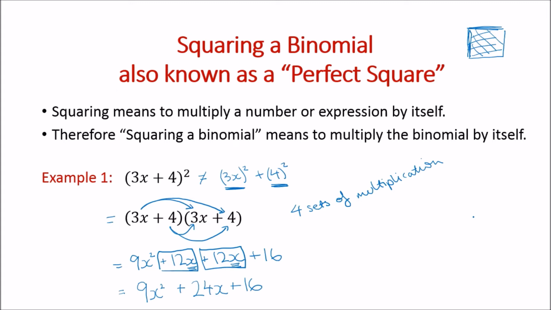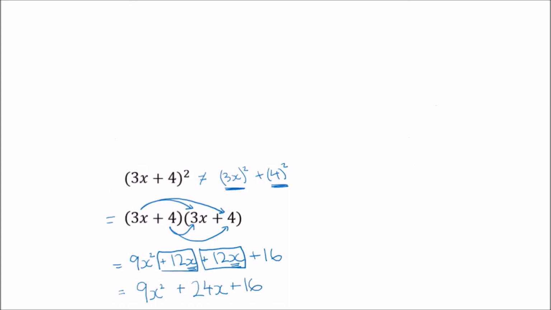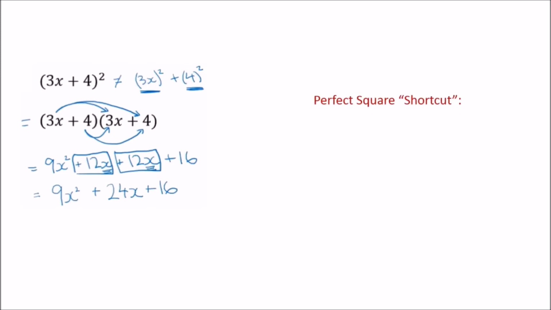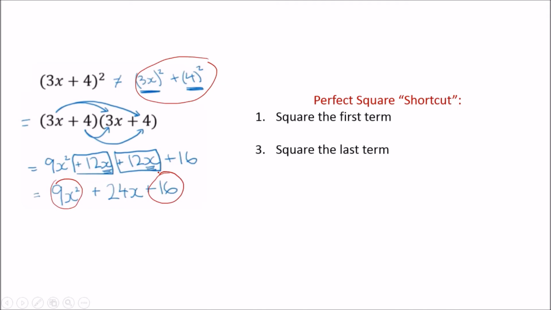We're going to look at a quicker way of doing this. Let's take a closer look at what we've just done and see how we can use this to basically create a shortcut for ourselves. So you can see from what we have just spoken about back up here and comparing it to down here, that we do indeed have the first term in our answer as the first original term squared, and we have the last term in our answer as the last original term squared.